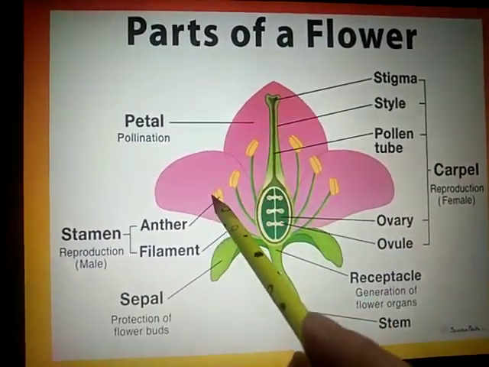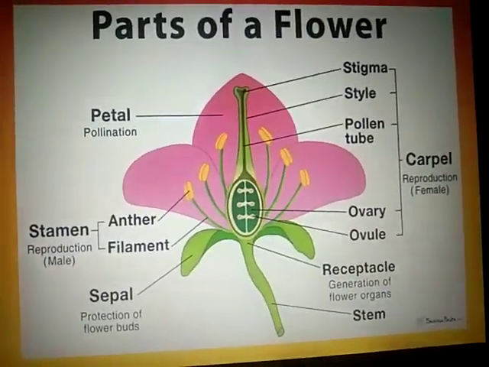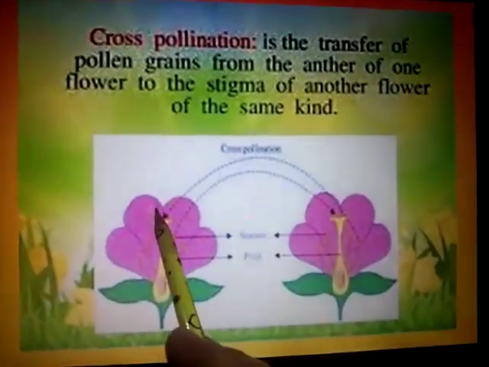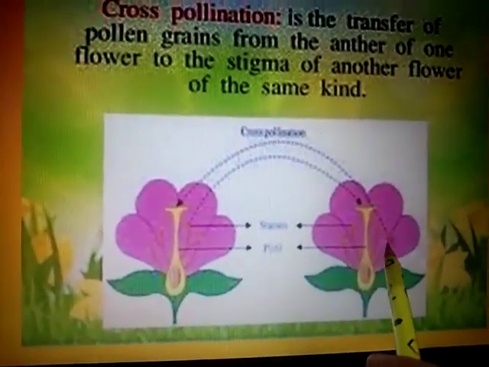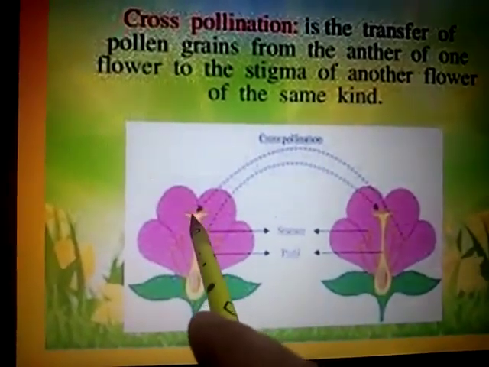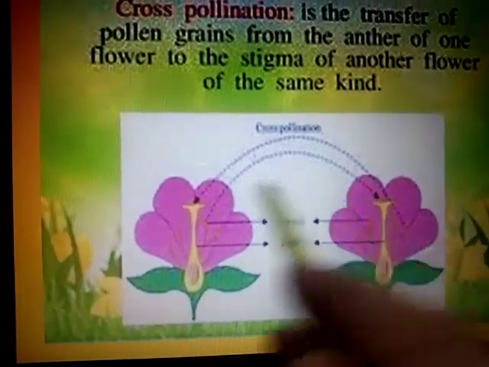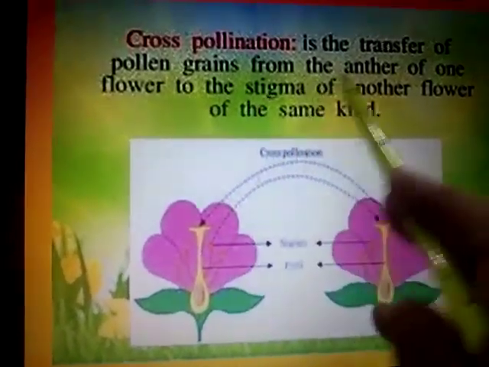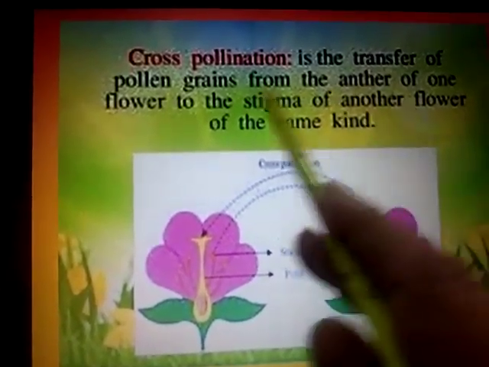And cross pollination is the transfer of the pollen grains from the anther of one flower to the stigma of another flower of the same kind.